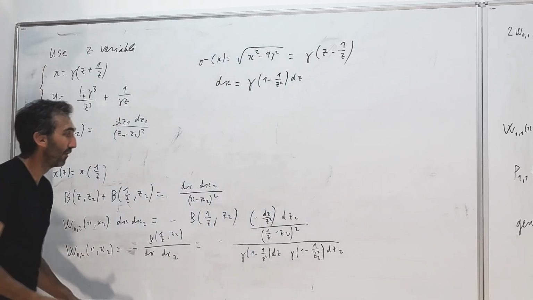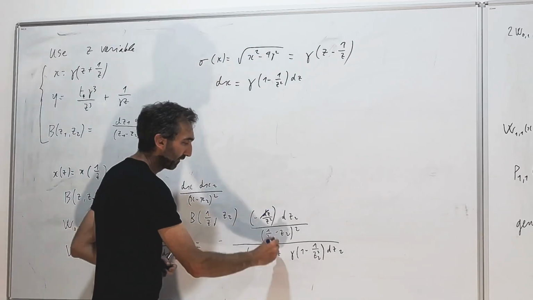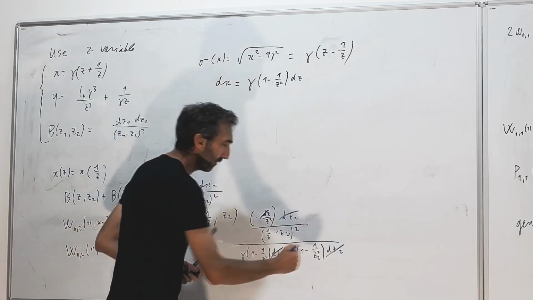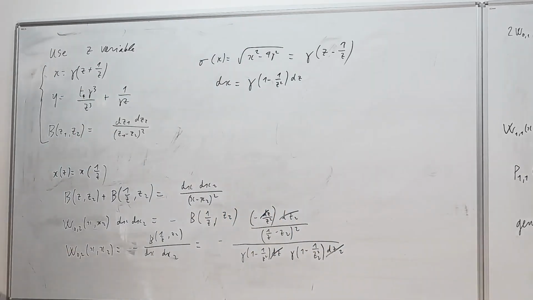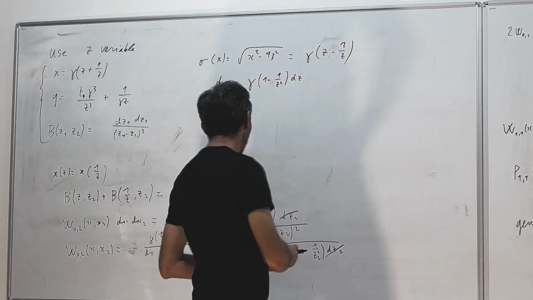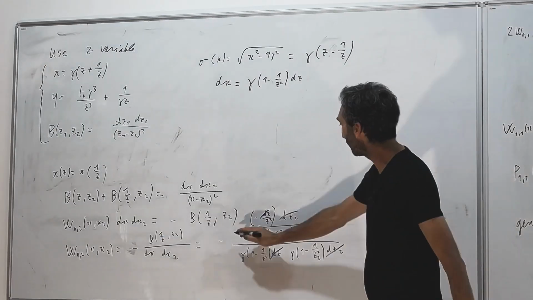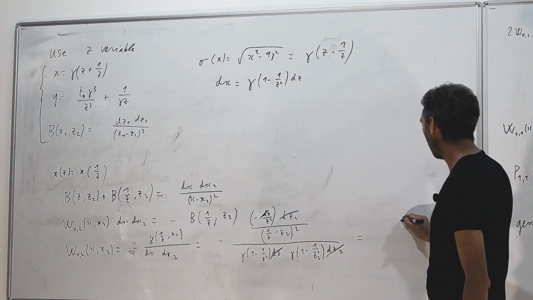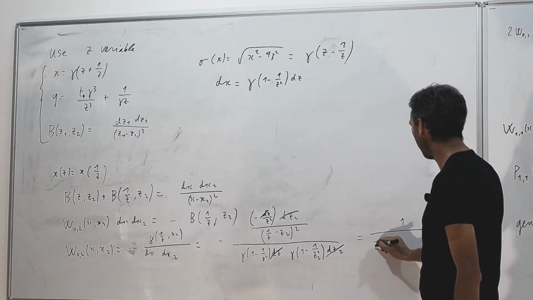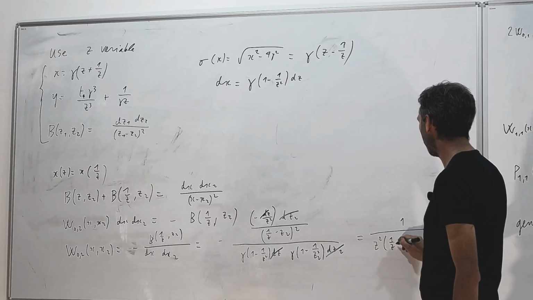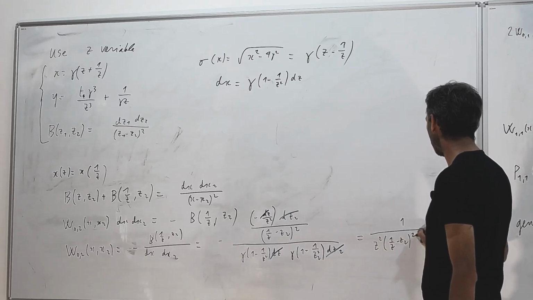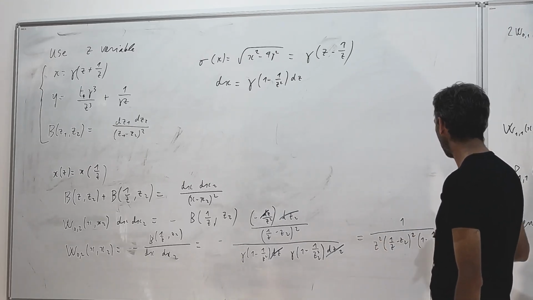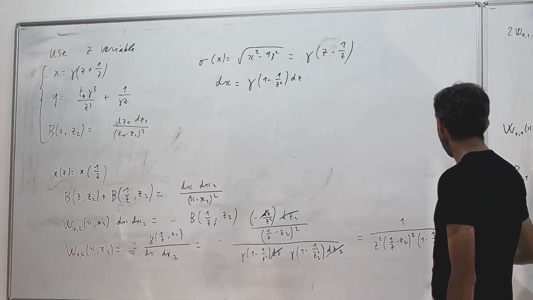Well, in the ratio, the dz cancel, the dz2 cancel. So what do we have in the end? We have a minus, minus, so it's a plus. We have 1 over z square, 1 over z minus z2 to the square, times 1 minus 1 over z square, times 1 minus 1 over z2 to the square.